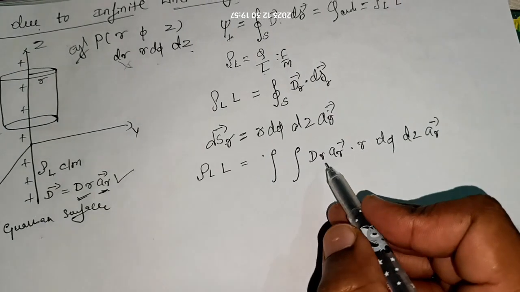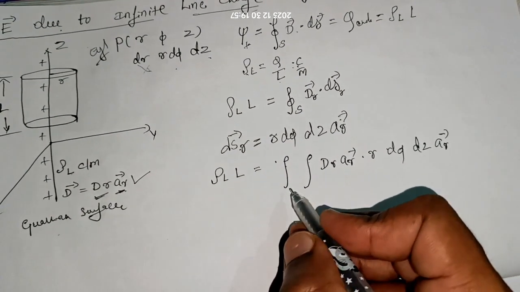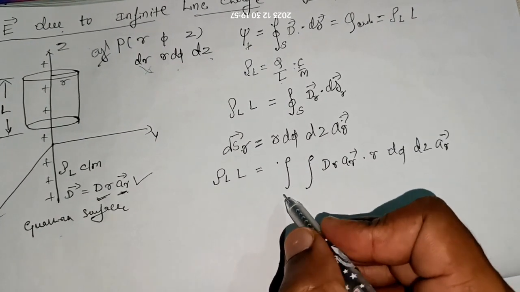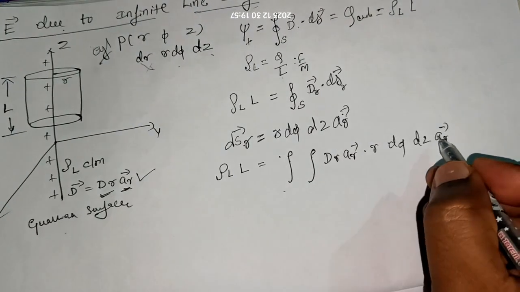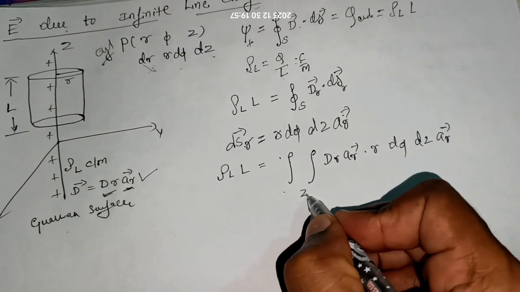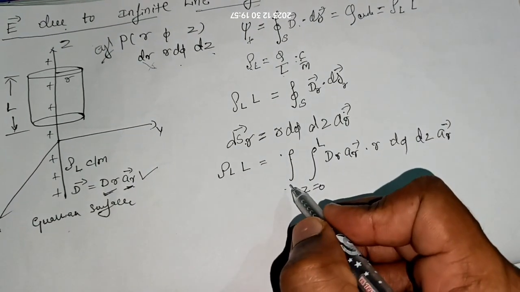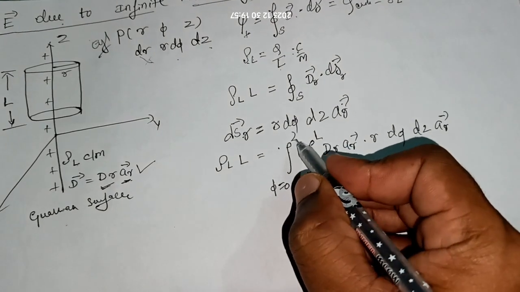Okay, so here there are two integrations, and for these two integrations we should take the limits. One limit is with respect to the z axis, dz, the length 0 to L. The other is with respect to phi, 0 to 2 pi.